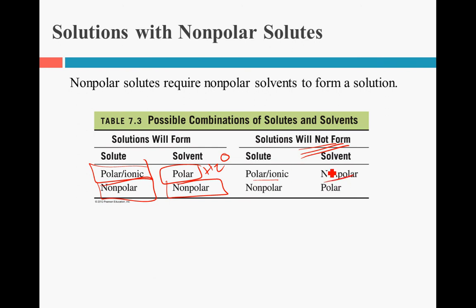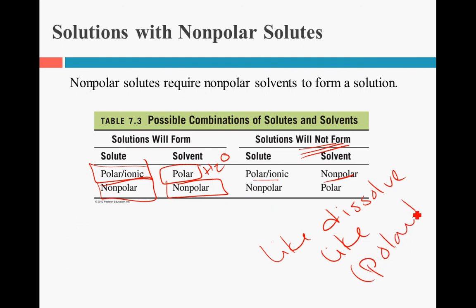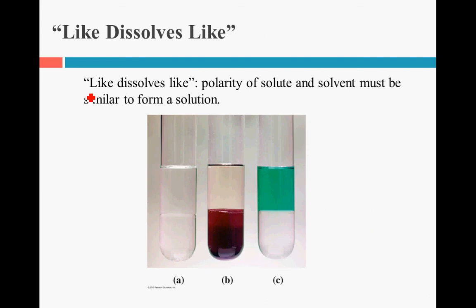They have to be the same. Like dissolves like. And they're talking about the polarity when they're referring to that. Like dissolves like. Polarity. So if it's polar, it's going to dissolve in something polar. If it's nonpolar, it's going to dissolve in something nonpolar. These are obviously differences in polarity, and they didn't dissolve.